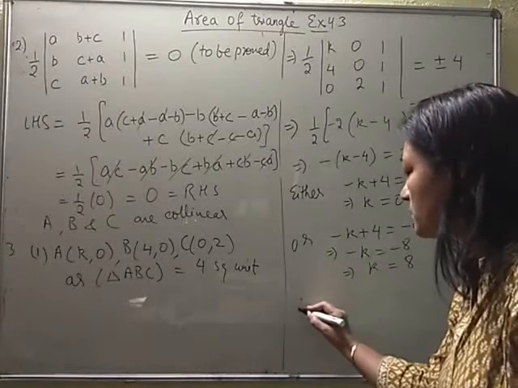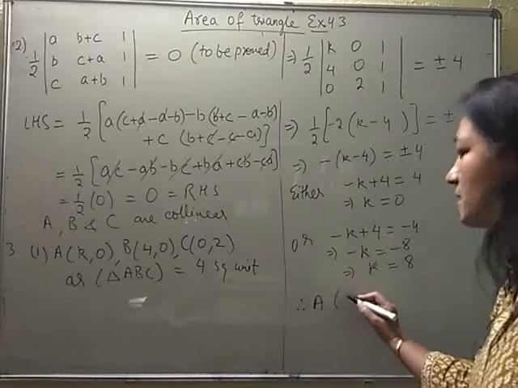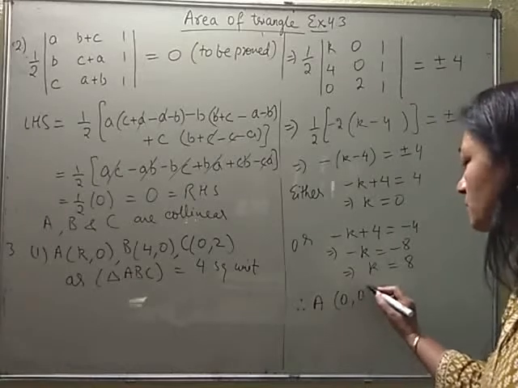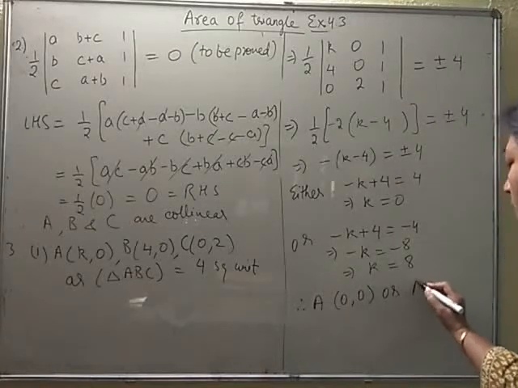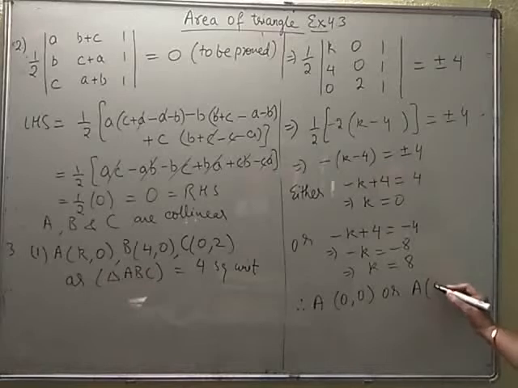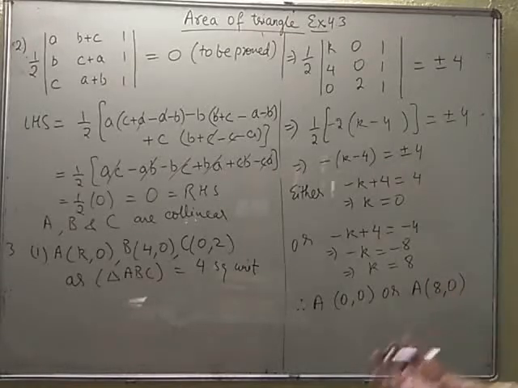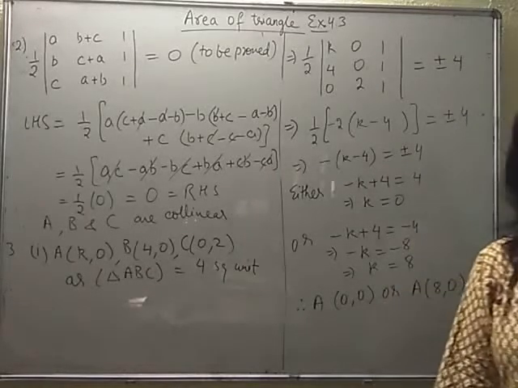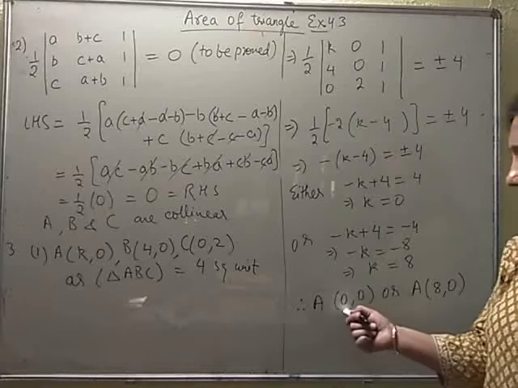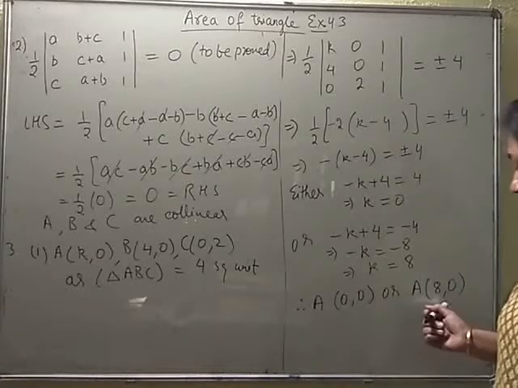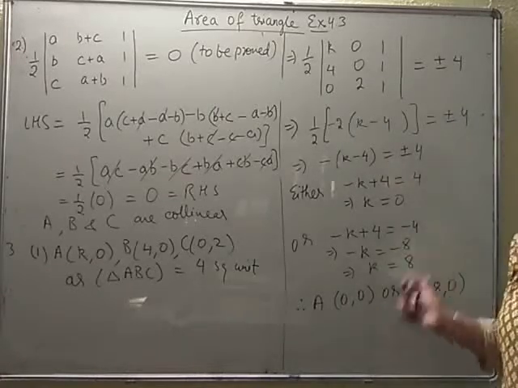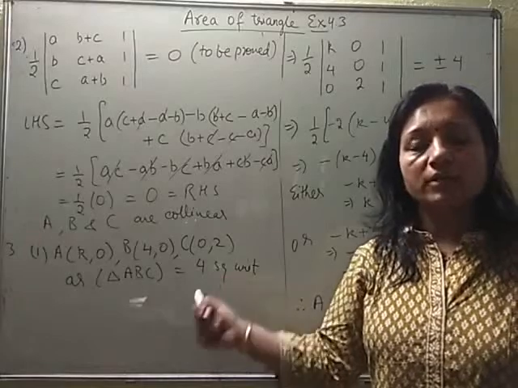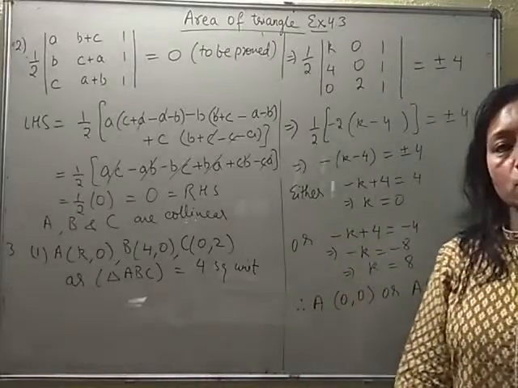So therefore, what is the point A? A is either 0 comma 0 or A is 8 comma 0. So these are the two possible values of k. In both the cases, when k is either 0 or 8, the area of the triangle will come out to be 4 square units.